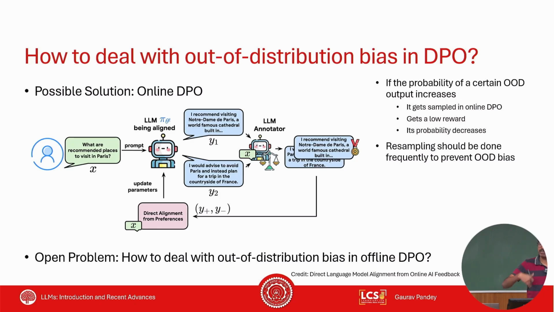So instead of having a fixed set of preference pairs, you will sample the outputs, create pairs out of them, get them judged by a reward model or a judge model, and then use that to do DPO. And then once you have done DPO, you will repeat the cycle. You will sample again a bunch of outputs, get them labeled by a judge model, and again do DPO. And you will repeat the cycle.